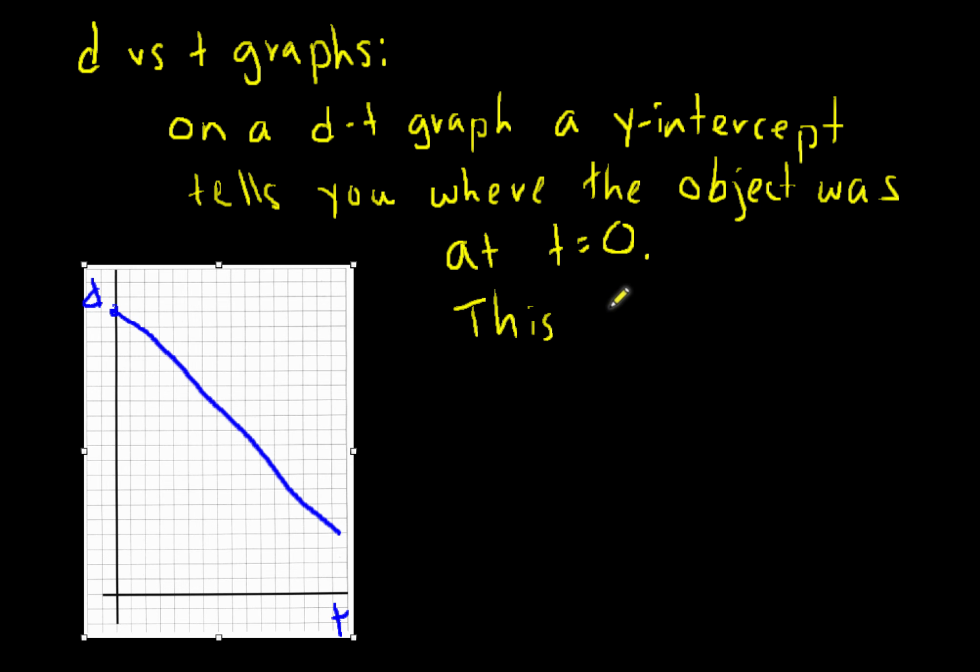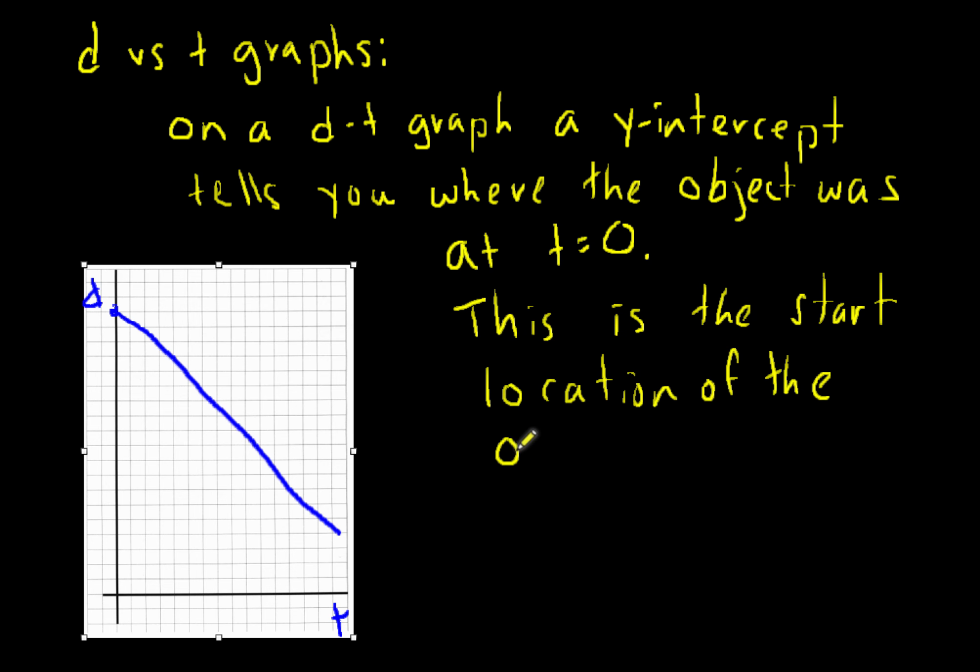This is the original location of the object, where it started out. So on a d versus t graph, the y-intercept represents the original location or the start location of the object.